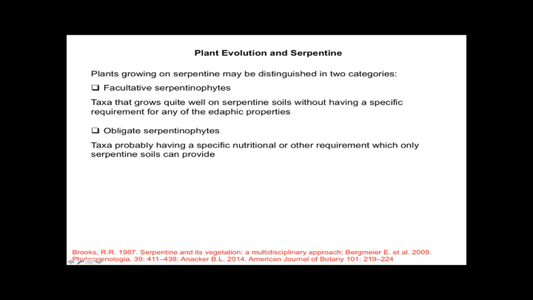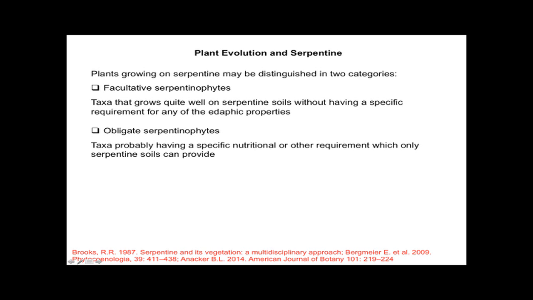Now we will go on to another aspect of serpentine areas, which concerns the plant evolution in serpentine areas. In general, serpentine areas host two categories of species. One category is the facultative serpentinophytes, and these are taxa that grow quite well on serpentine. They can deal with the serpentine environment.